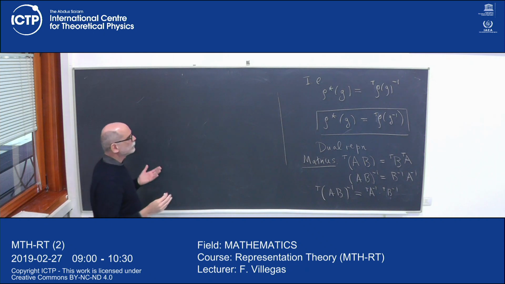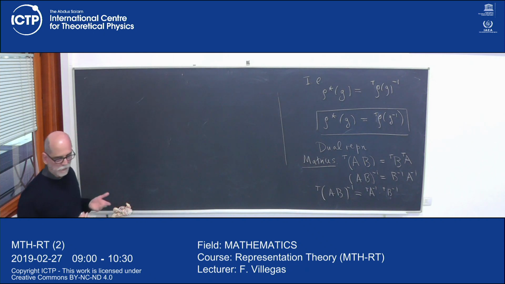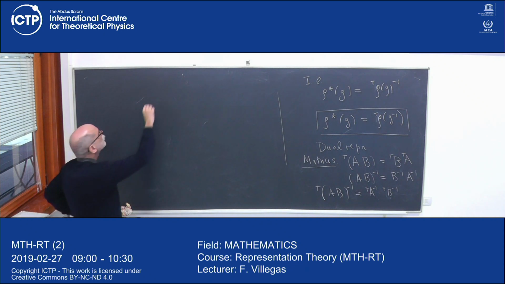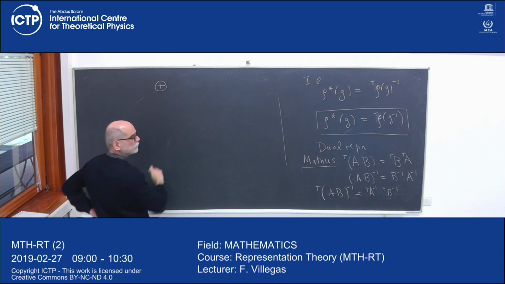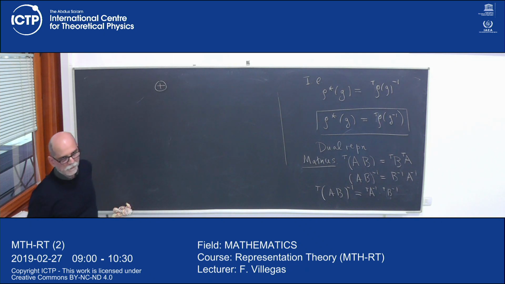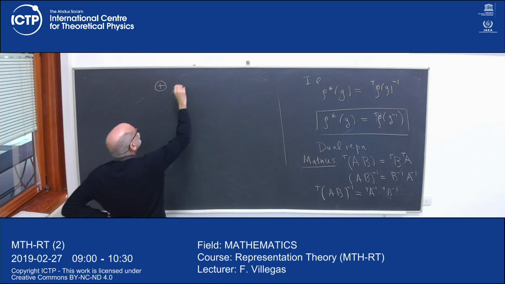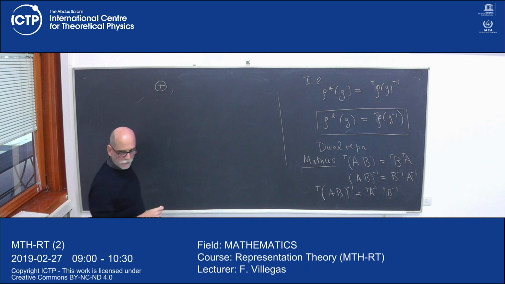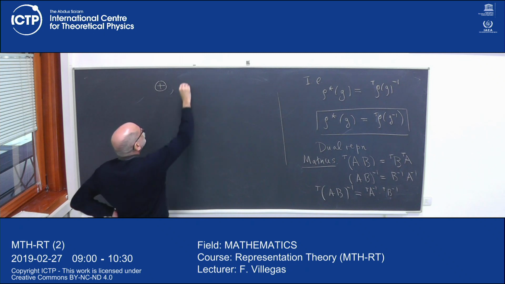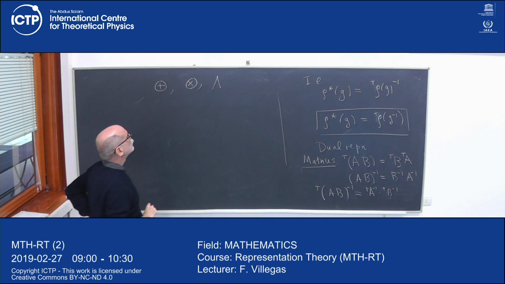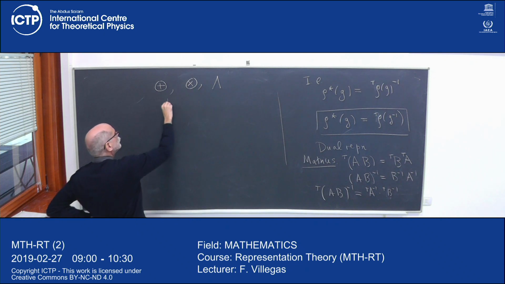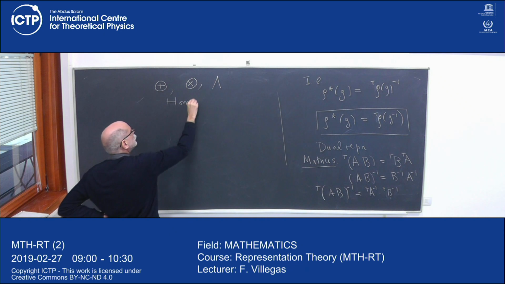Okay? And it's not just because we want to, it's necessary to get this theory going. So if you haven't seen it for a while, you're telling me that you didn't cover Jordan form and so on, so I'm not sure how much of this you might remember, but we're going to have direct sums, which I implicitly already used today, but also tensor products, wedge products, homomorphisms from one space to another.